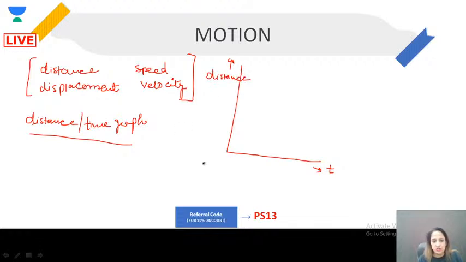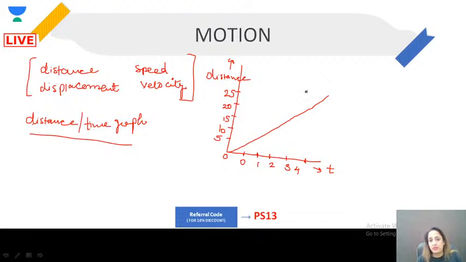Now in this graph, if we have a line starting from 0, from this graph we can tell at a given time, let's say this time is in seconds, and the distance is in meters, 5, 10, 15, 20, 25.